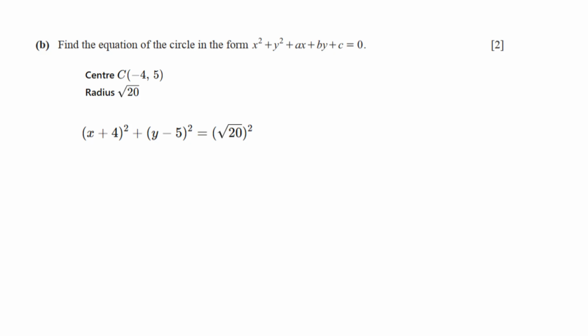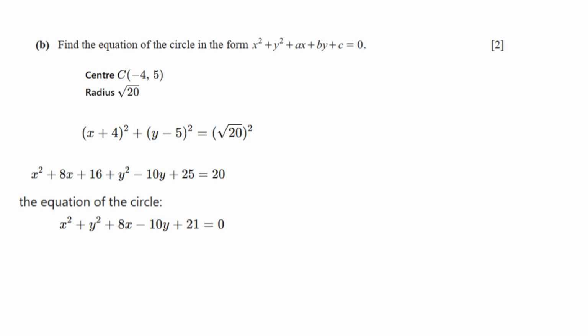Now expand, we get x square plus 8x plus 16 plus y square minus 10y plus 25 minus 20 is equal to 0. So x square plus y square plus 8x minus 10y plus 21 is equal to 0 is the equation of the circle.